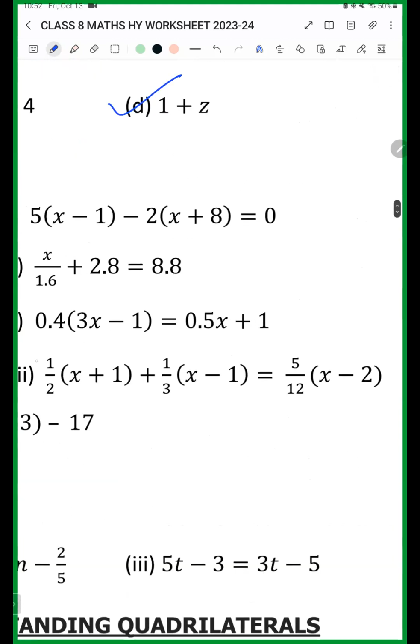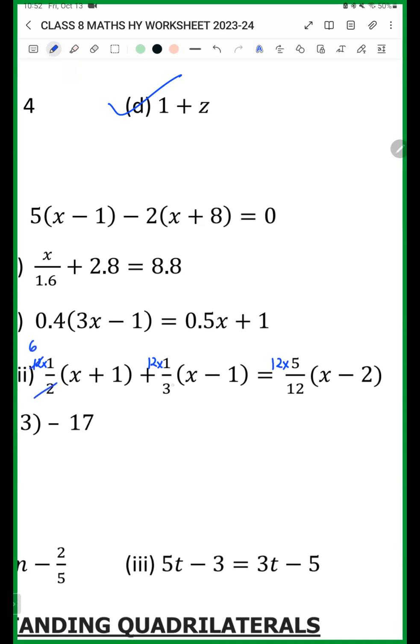It's going to become 12 into this plus 12 into this plus 12 into this. And why are we doing this? We are doing this so as to get rid of the denominator. Once each of the terms is free of the denominator, you can easily open the bracket and solve all the terms together.